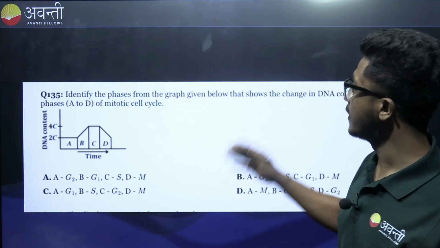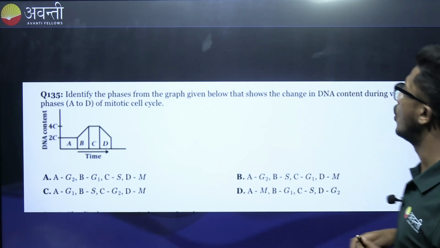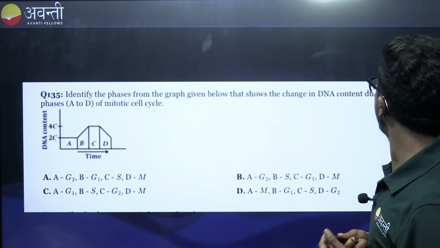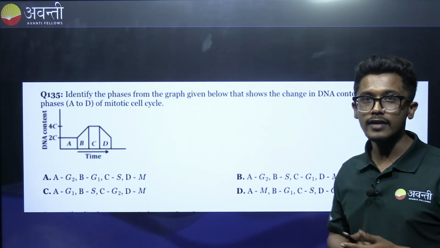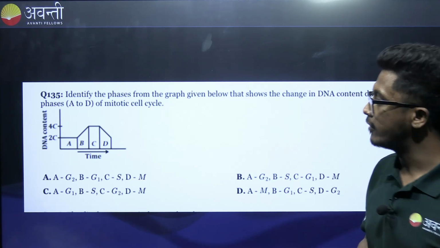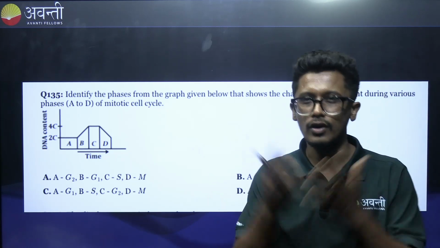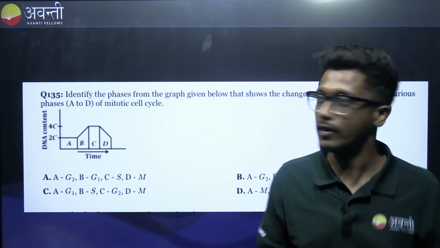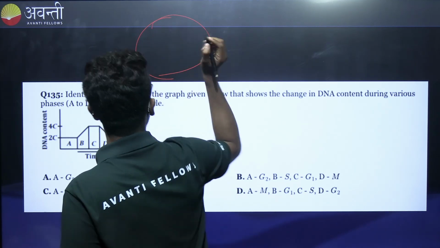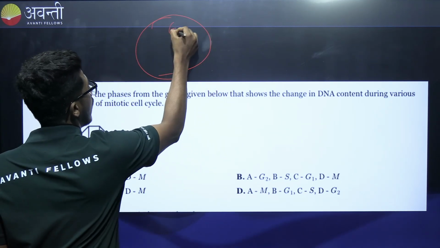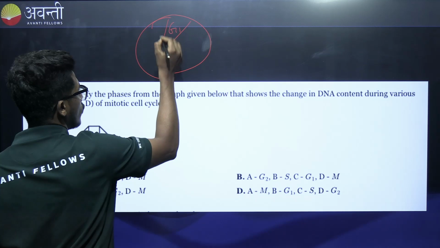So let's identify the phases from the graph given below that shows the change in the DNA content during various phases of the mitotic cell division. So we know that the cell cycle can be divided into several phases. Basically it starts from G1, and the G1 is a short phase.